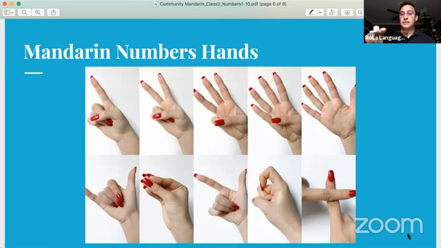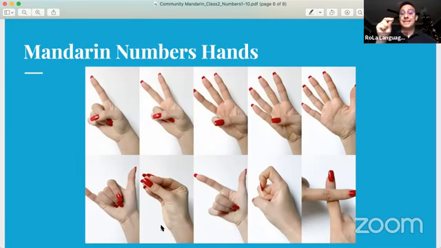2, 3, 4, 5. Okay, then we're doing this for 6. Then we're doing this, right? Putting our hands together, or you might even see just the 2 here. We might do this, or you might see this.